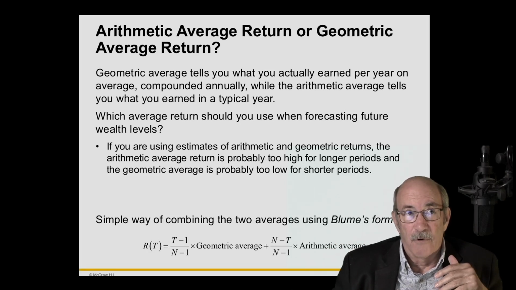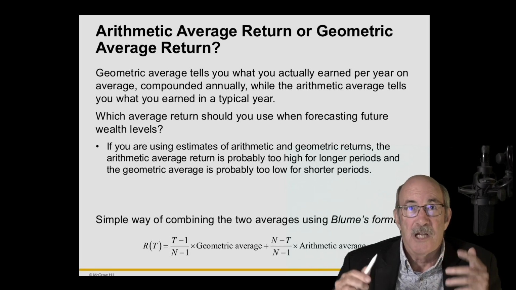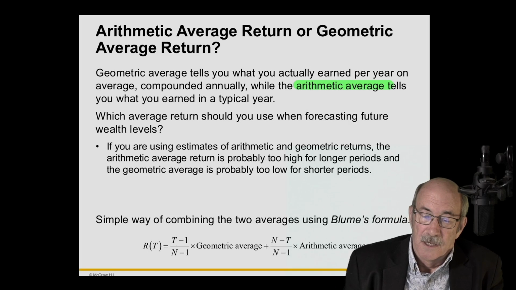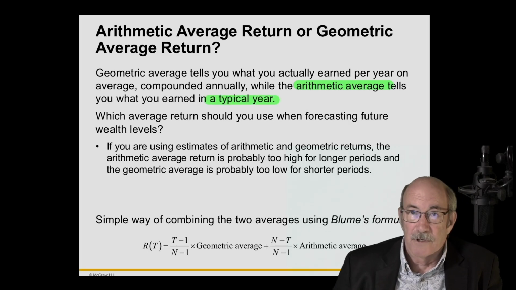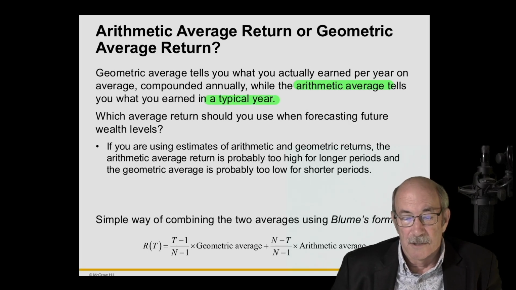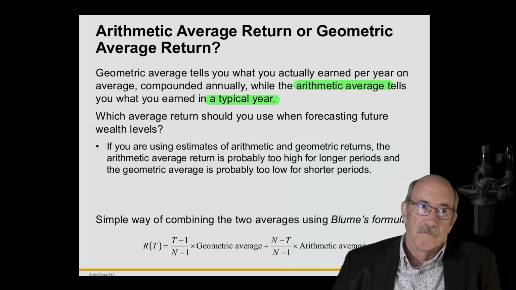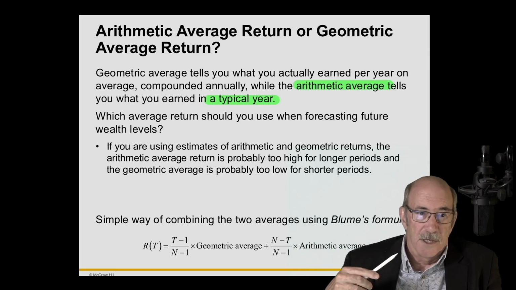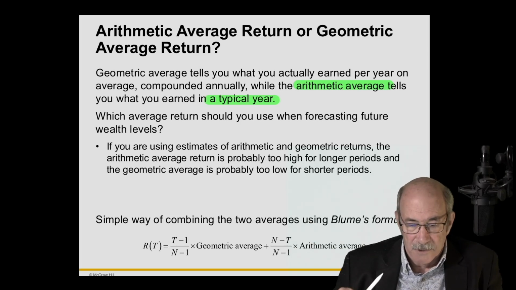If we're looking for the return in a typical year, that's when the arithmetic average is going to shine. So long periods of time, use geometric. Shorter periods of time, the arithmetic is close enough.